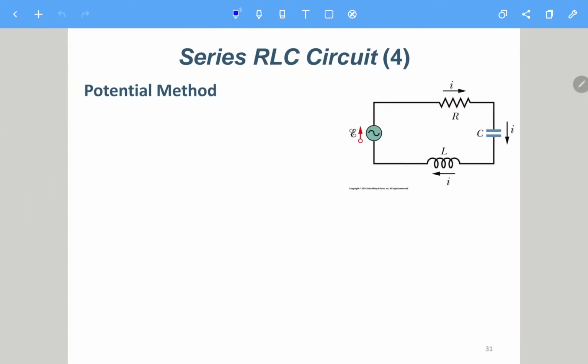In that case, you can just plug I_P of t equals d cosine omega_d t plus e sine omega_d t into the original differential equation, and then you may be able to solve for them. I don't try to go through it.